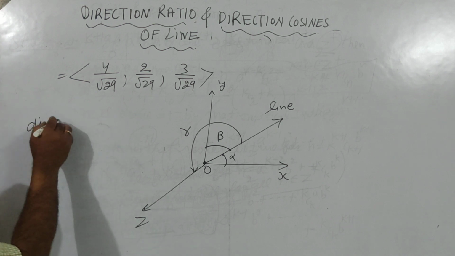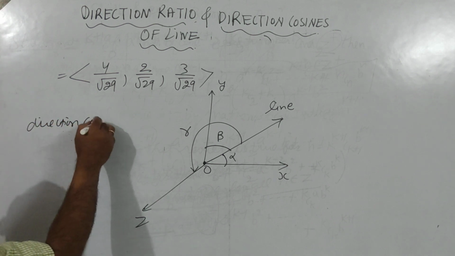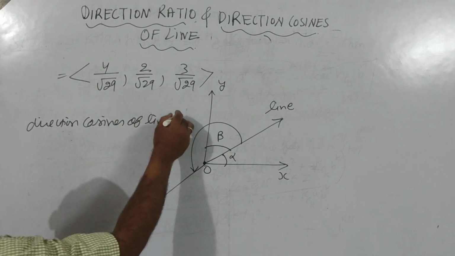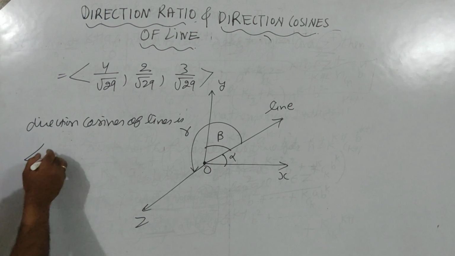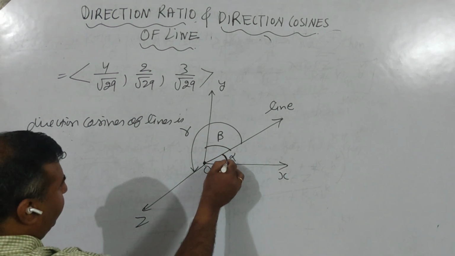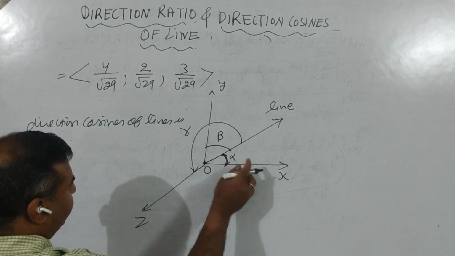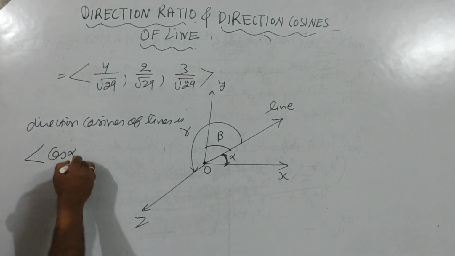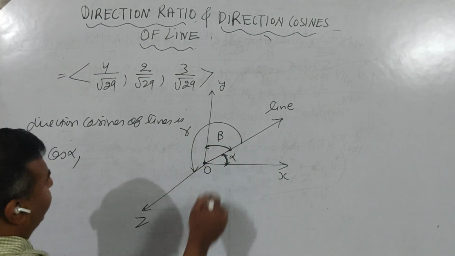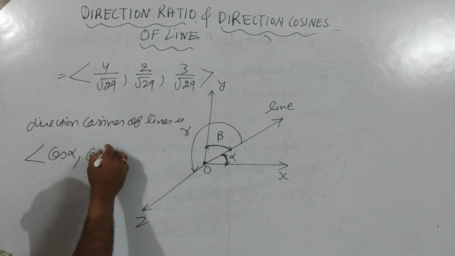Direction cosines of a line when the angles are given. First you write cos of the angle of the line with the positive x-axis, it is alpha. Next, the line makes an angle beta with the y-axis, cos of beta.